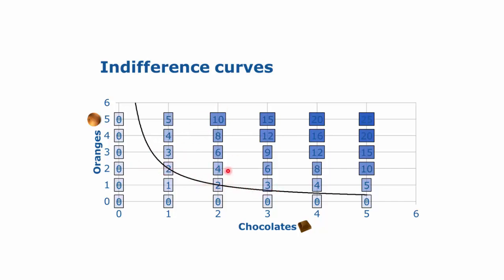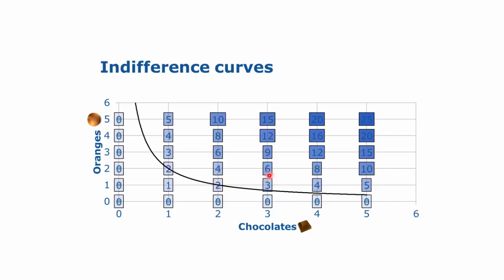I go back to looking at these utility levels generated by the different bundles of consumption. And what do I notice? Well, I notice right here two other bundles of consumption, each generating a utility of 3. Once again, they're very different bundles of consumption, but they both make me just as happy. So once again, I'm going to link them.